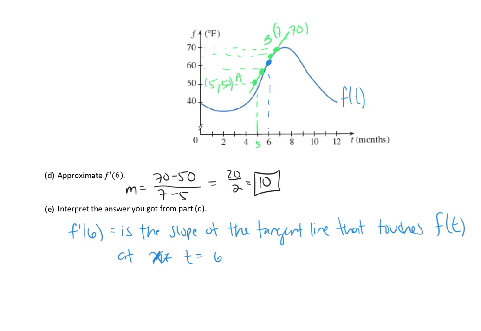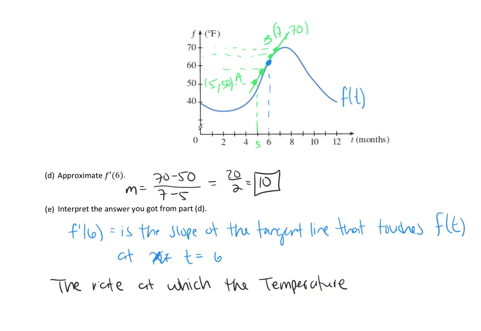So 10, this is telling us the rate, because remember a derivative is a rate. The rate tells us the rate at which the original function changes. What does the original function represent? It represents the temperature. So the rate at which the temperature changes, but I'm not going to use the word change, so we need to be more specific. What kind of change? Is it an increase or a decrease?